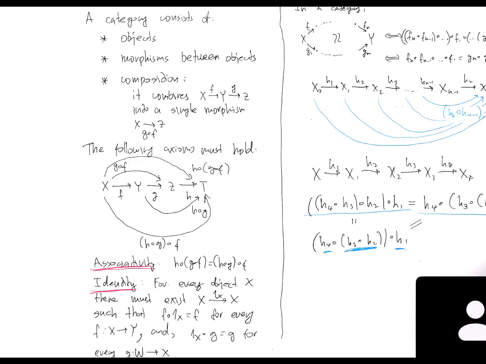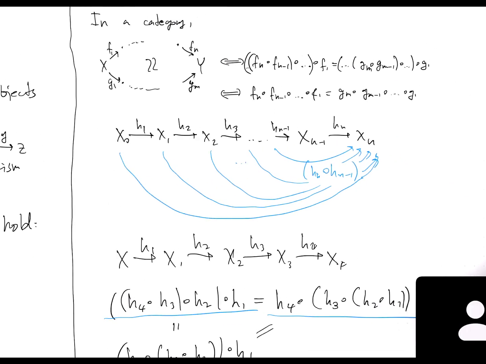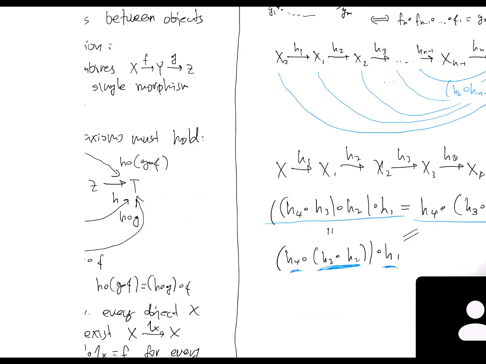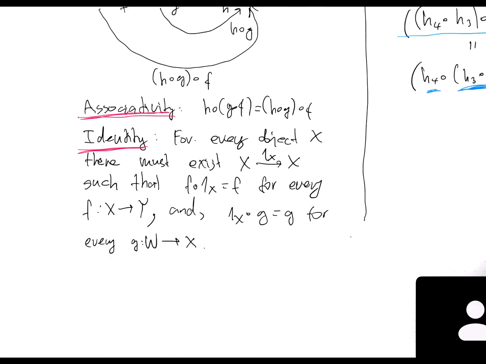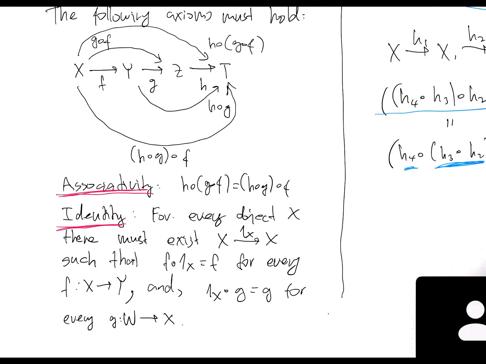Before I elaborate on that one, did you understand what I tried to explain here with the brackets? Yes, I do understand the associativity part. Okay, great, thank you. So you see here, we do require that for every object, the identity exists, right? Yes.